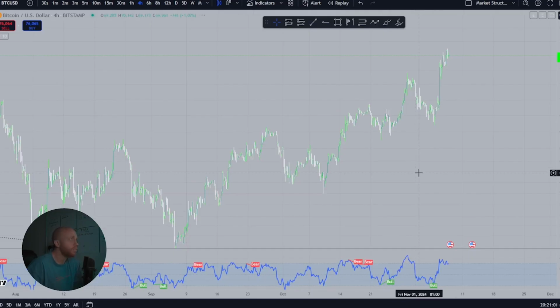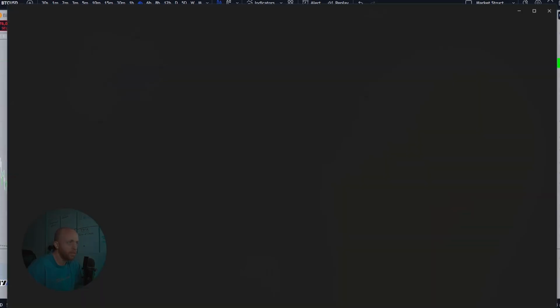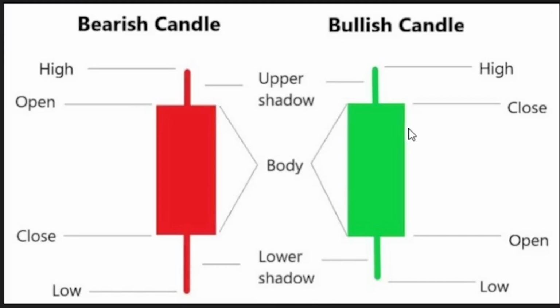What you want to do is download TradingView. You can have it on your mobile device, but honestly, I would say desktop, you'll get a better experience using it. We're going to start with the basics. There's two types of candles: a bearish candle and a bullish candle. These candles have a body, as you can see right here. This represents the body of the candle.